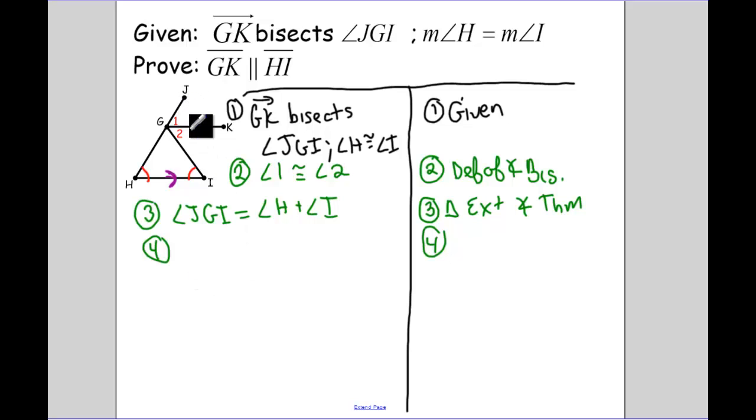I know 1 is congruent to 2. I know JGI is H plus I. Well, JGI is also equal to angle 1 plus angle 2 by our angle addition postulate.